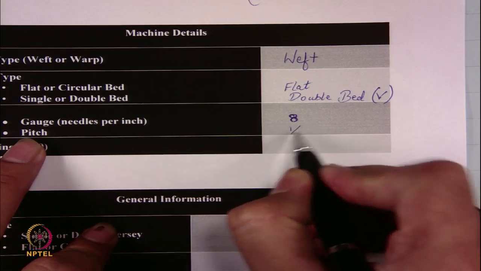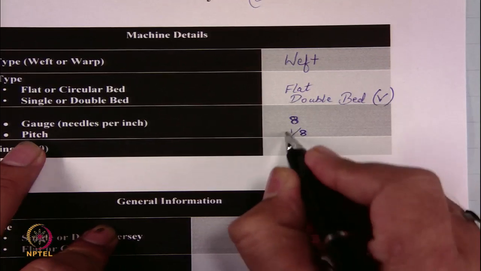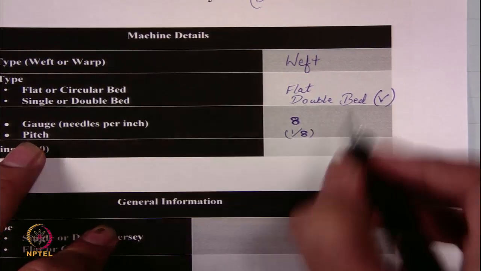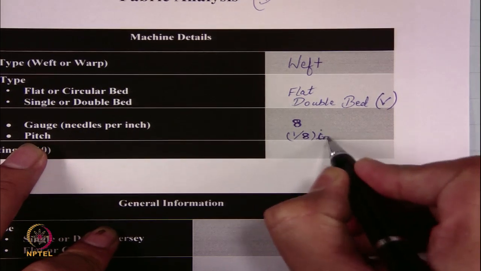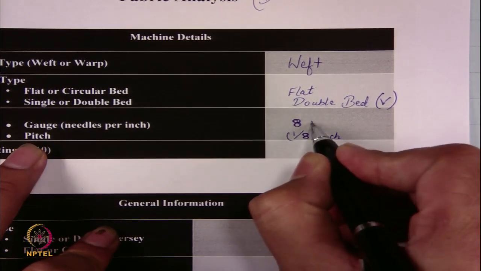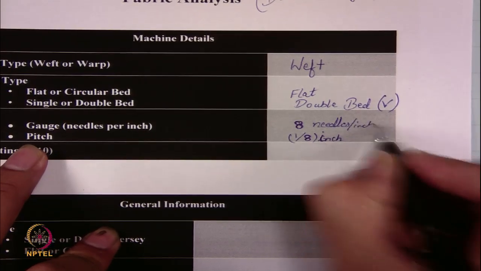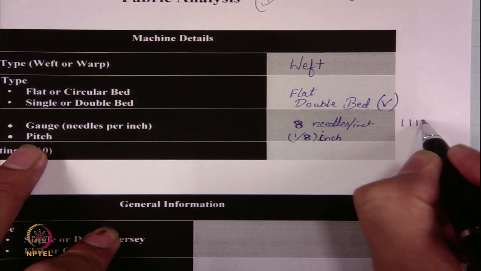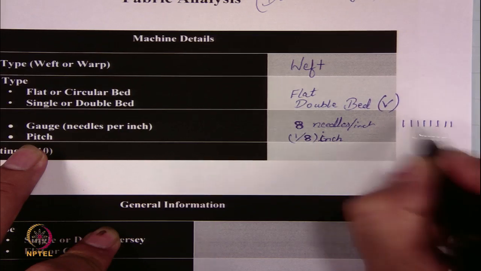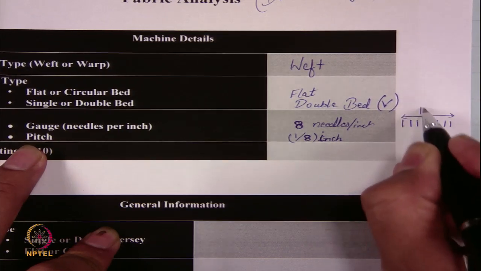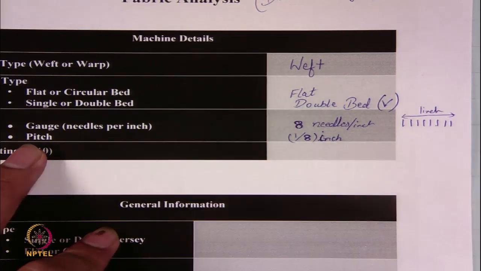So, this will become 1 by 8 inch. If you arrange these needles, 1, 2, 3, 4, 5, 6, 7, 8, this is 1 inch, and in 1 inch you will find 8 needles on the bed.